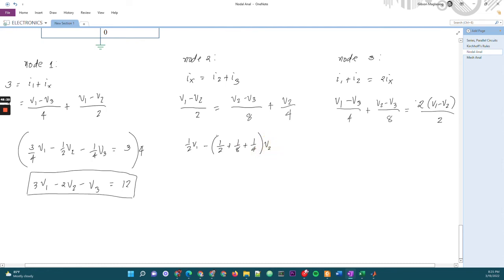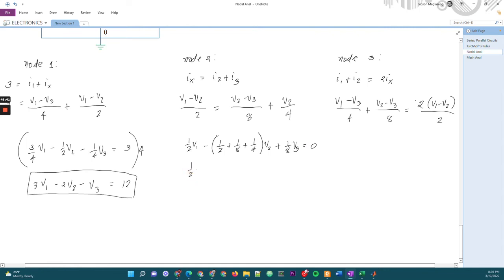Ibalhin nato sa left hand side tanan. Plus 1/8 V3 equals 0. Alright? So, simplify na siya.